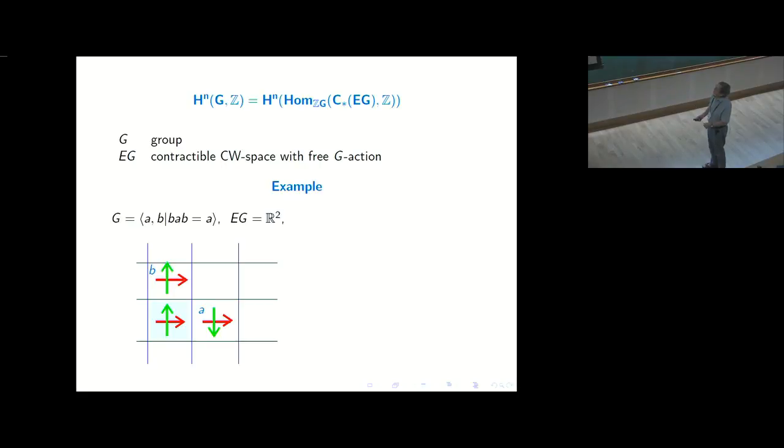I had this slide yesterday, which I was a little bit confused about, so let me look at this slide again. If you take G to be the group on two generators A, B with this relation, and if you take EG to be the plane, and I got this wrong yesterday, the x-axis is where my pointer is moving now, and so B moves up 1 unit, and A reflects in the x-axis.